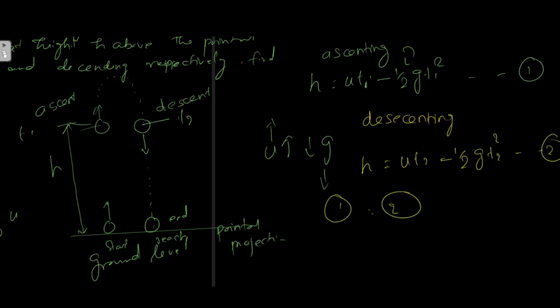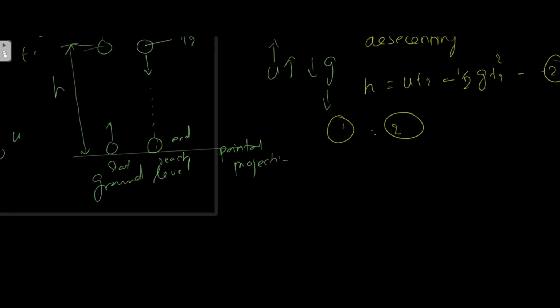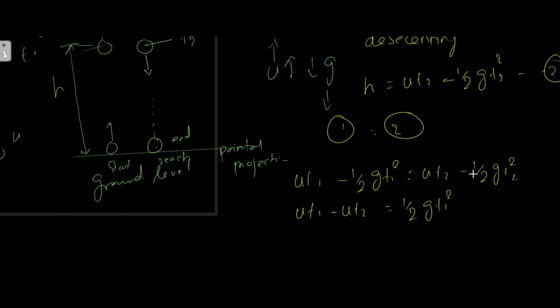So equate each other: u t1 minus half g t1 square equals u t2 minus half g t2 square. Then u t1 minus u t2 equals half g t1 square minus half g t2 square. The same patterns are segregated and cornered.